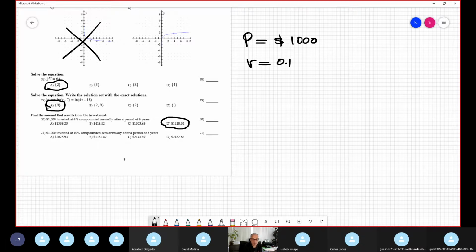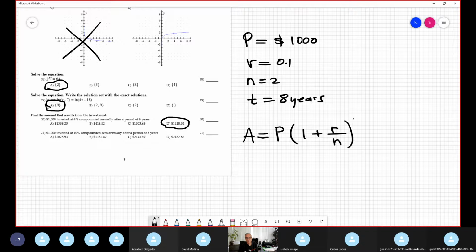Compounded semi-annually is n equal to 2 times in 1 year, and t is 8 years. And the formula is future value equal to present value times 1 plus r over n, raised to the nt. It's 1000 times 1 plus 0.1 divided by 2, raised to the 16 as exponent, as a multiplication 8 times 2.